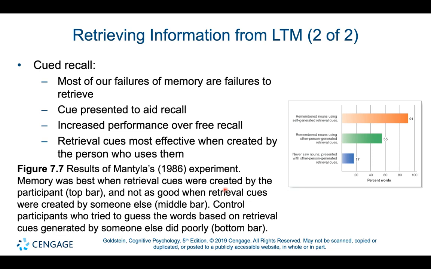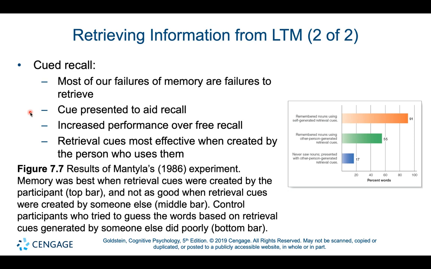So we know that when we're retrieving information, any type of cue, called cued recall, is going to enhance our retrieval. Again, if you're trying to remember the name Nicolas Cage, the actor, it would help you retrieve his name if I said, oh yeah, he was in Gone in 60 Seconds.